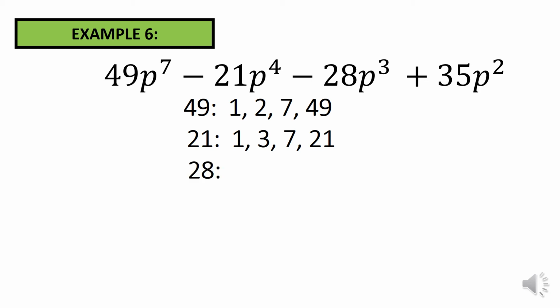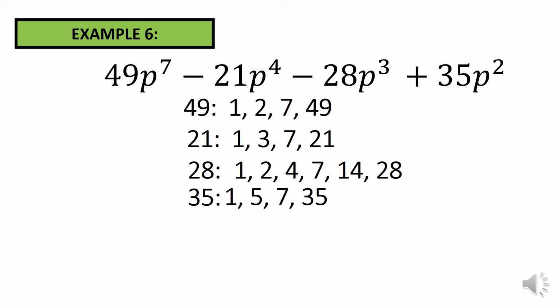For 28, we have 1, 2, 4, 7, 14, and 28. And lastly, you have 35. The numbers are 1, 5, 7, and 35. So these are the factors of 49, 21, 28, and 35.